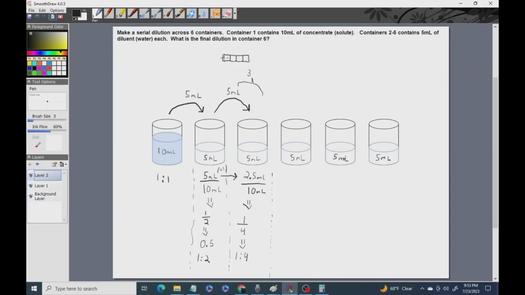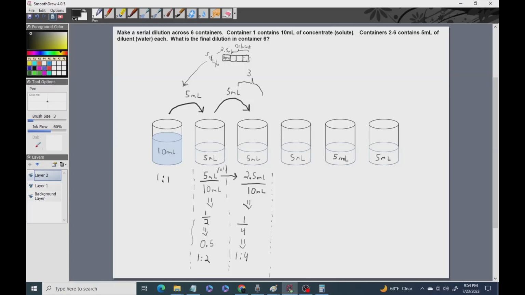Well, 1 slice would make up our 2.5 milliliters worth of actual solute that came out of here. And the other 3 2.5s would be our diluent, which is just water.